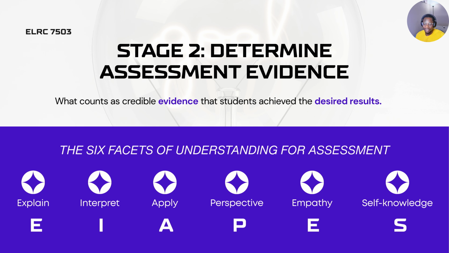The answer is you probably can't. For example, in a mathematical context, you just need 3 of them: explain, interpret, apply. Perhaps in social studies, you might need perspective, empathy, and self-knowledge. So it doesn't matter, so far as there is at least one of these, it means that assessment is strong.